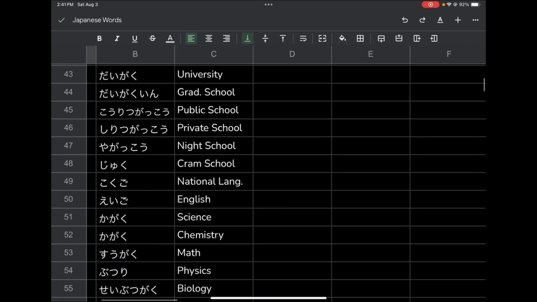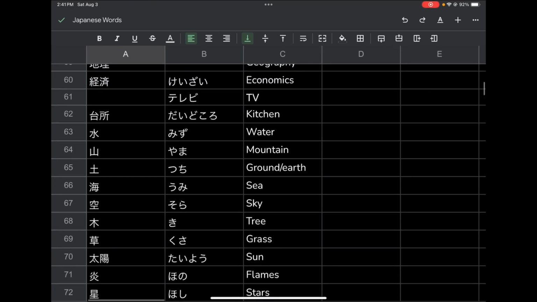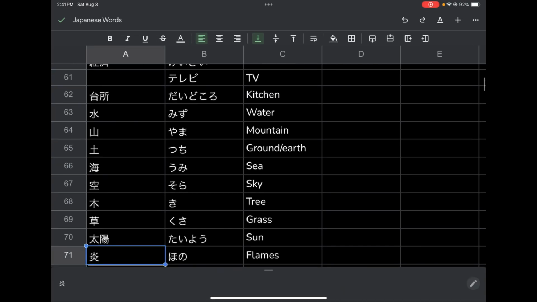And the list gets harder and harder, so whatever words I put or whatever words I actually hear in podcasts or in anime, I just write down like hono. Hono means flames. So hono.